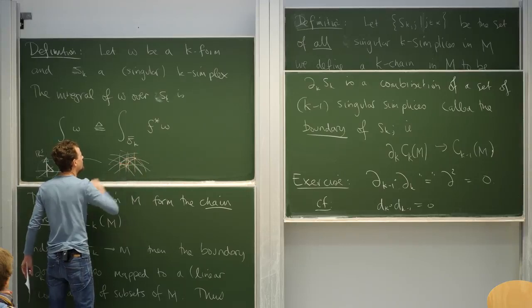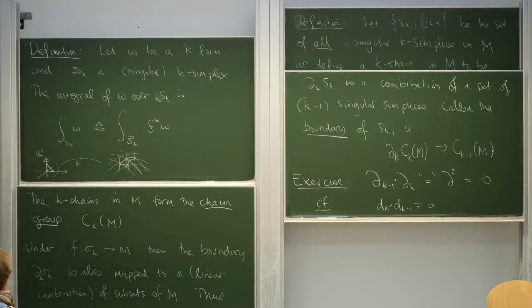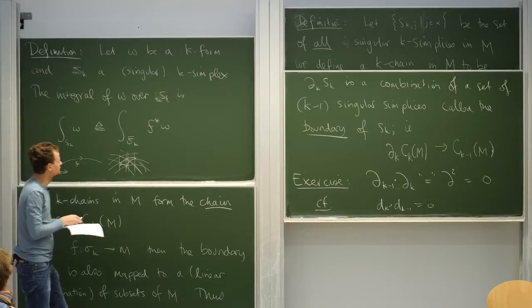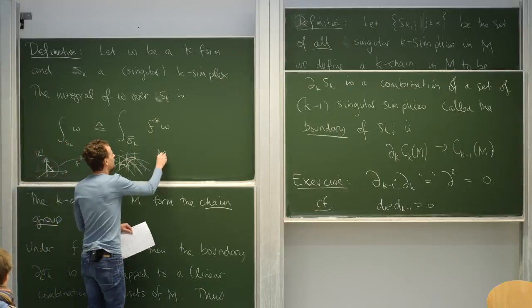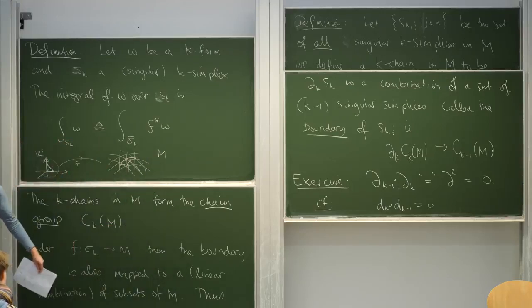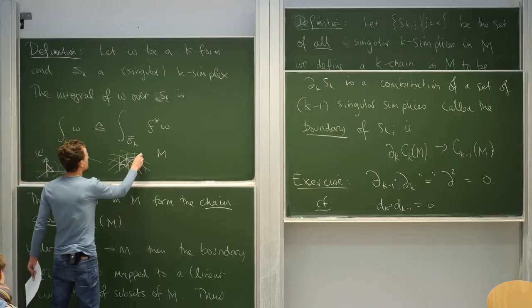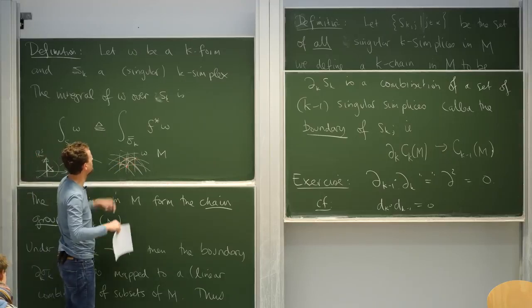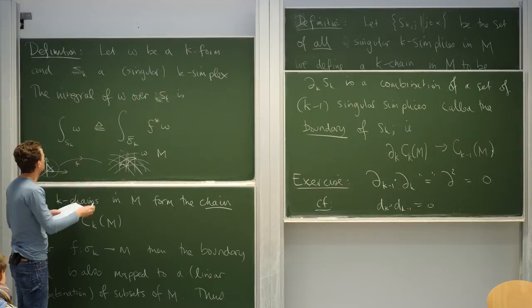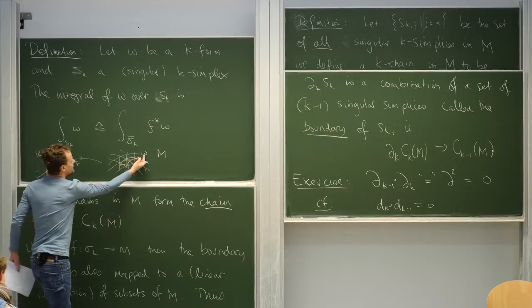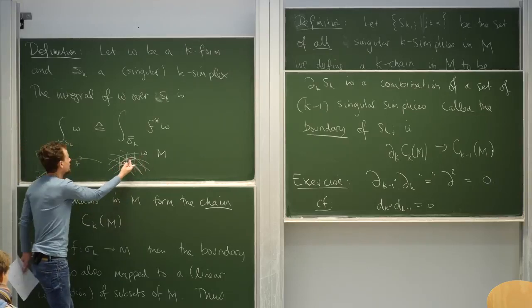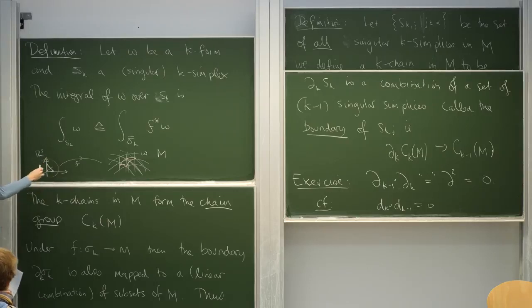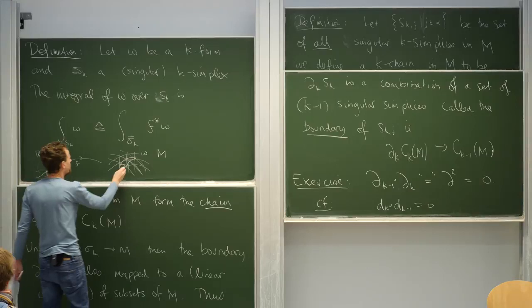So somehow embedded in R^3, embedded in M, is this 2-dimensional triangle, and we have a 2-form on M. The integral of omega over s_k is just defined to be: pull back this 2-form onto a 2-form here on this triangle, and then just use your standard integral there.